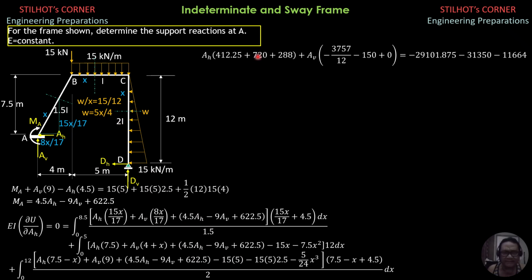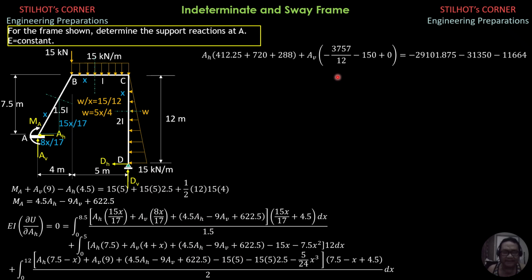We will get these values, then plus for AV, these are the coefficients, and the constants after transposing to the right would be this. For the first, 622.5 times quantity 15x over 17 plus 4.5 over 1.5. That's the value, negative 29101.875. Second, you just do your part, viewers, integrate and transpose. Then for the third.